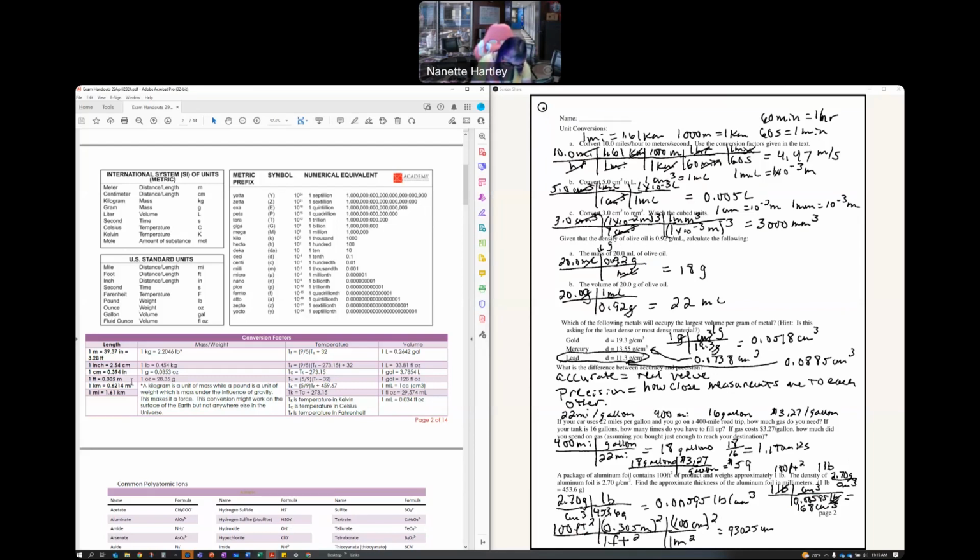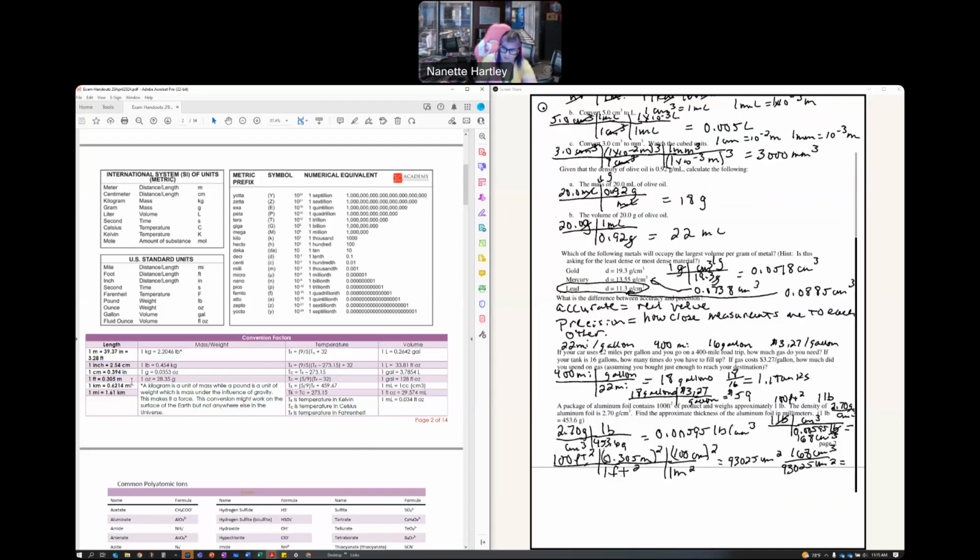And that tells me that I have 93,025 centimeters squared. Now that makes sense to me, because since they're not the same unit, now I know what to do. I have 168 centimeters cubed that we calculated based on mass. If I divide that by the 93,025 centimeters squared from the size of this thing, then that answer is going to be in centimeters.